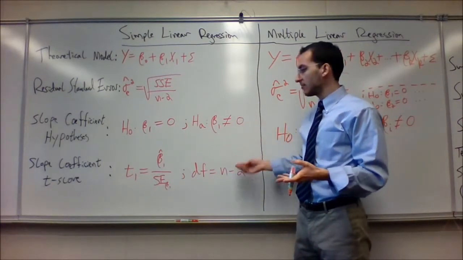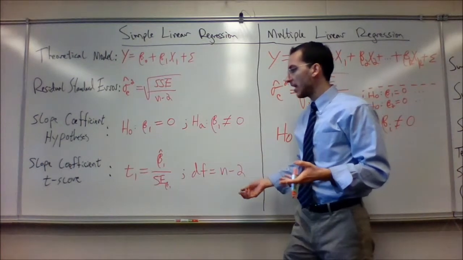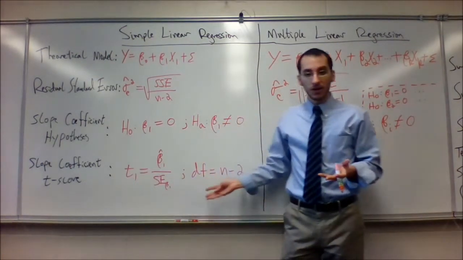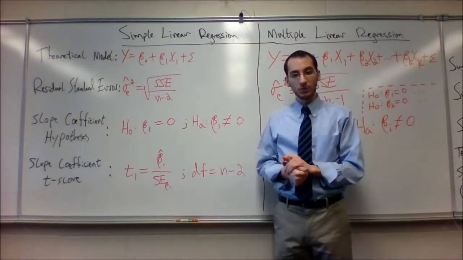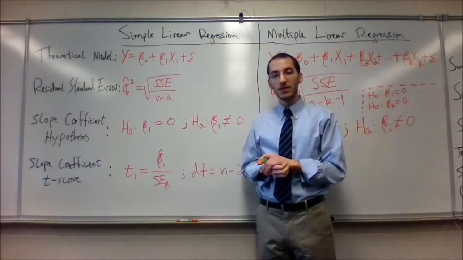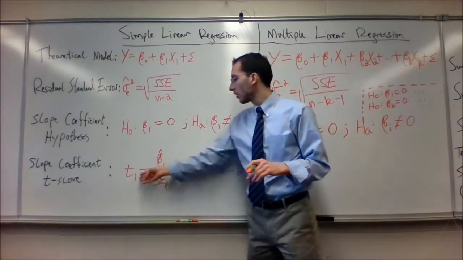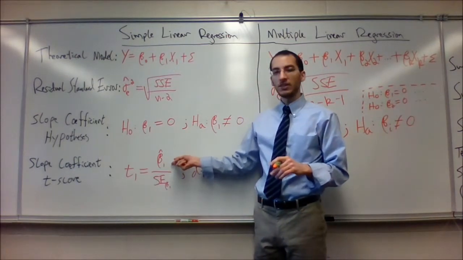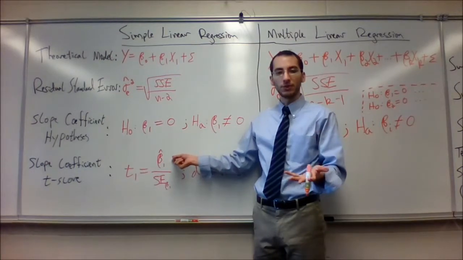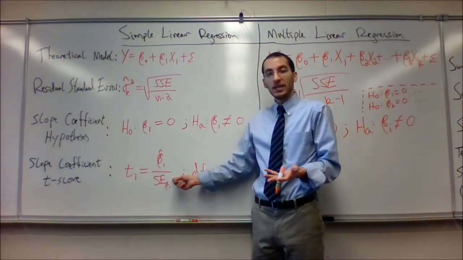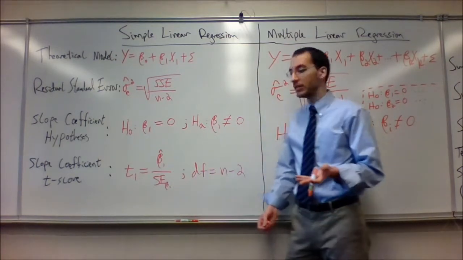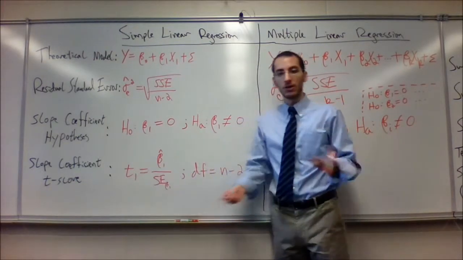And the exact same thing is true for how we calculate the t-score on the slope coefficient when we want to evaluate whether or not the slope is statistically significant. Before, we were just taking the explanatory variable slope coefficient, beta 1, and dividing it by its standard error. And that would give us some t-score.